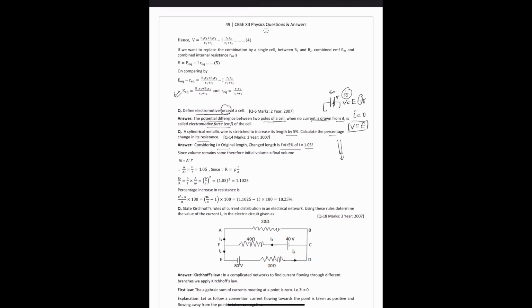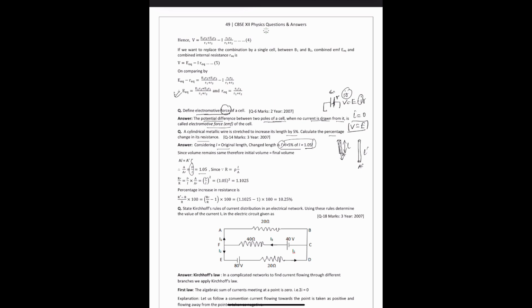But the metallic volume will remain the same. The initial metallic volume is area into length for the cylinder, and when the length changes to L dash, the area becomes thinner, A dash. So volume is the same. We can calculate A by A dash is L dash by L, and L dash by L is 1.05, which we have already calculated, correct?